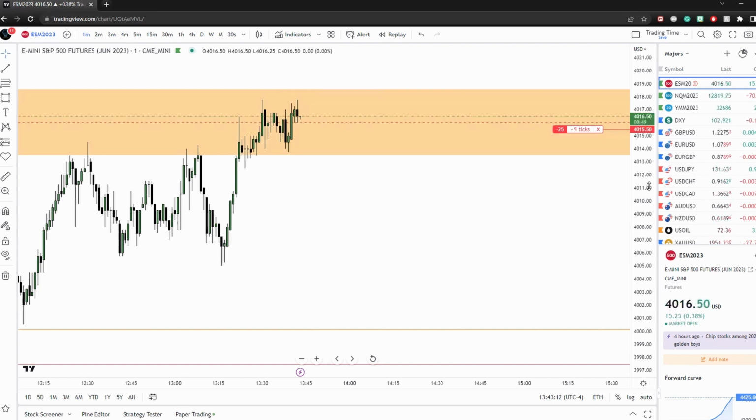Which is a-okay. Looking for price support and moving lower.